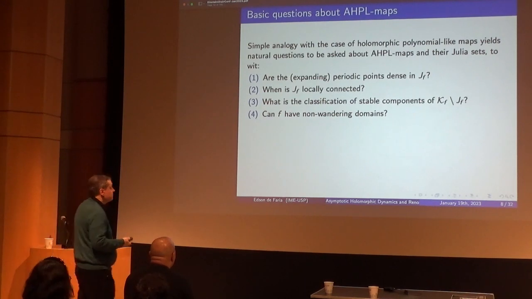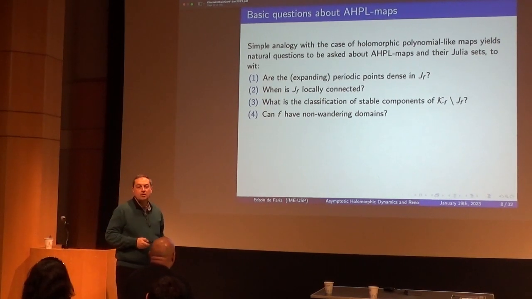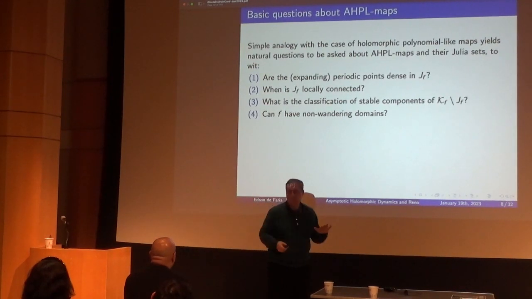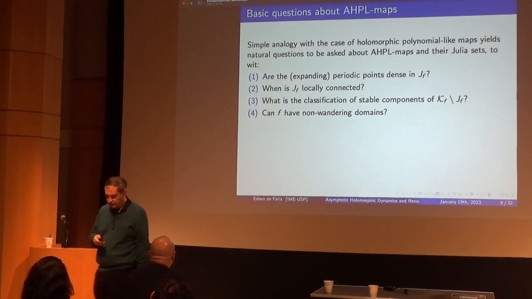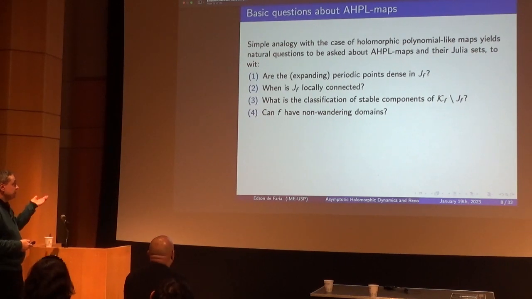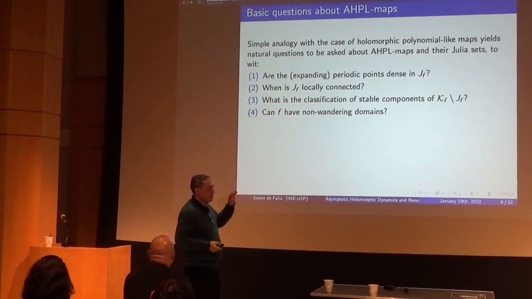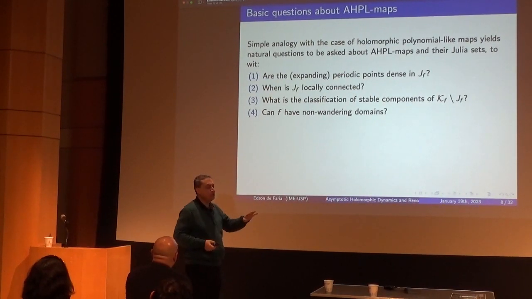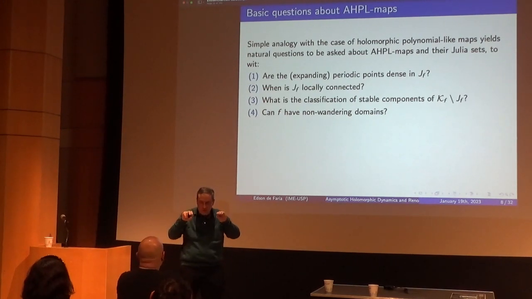In particular, you can also ask, can such a map have wandering domains? Dennis proved that for rational maps there are no wandering domains. The Fatou set doesn't have any wandering domains. It's a very beautiful paper. But here, in principle, there could be wandering domains. If you just formulate the question like that, the answer is immediately no, because the map is only asymptotically holomorphic.